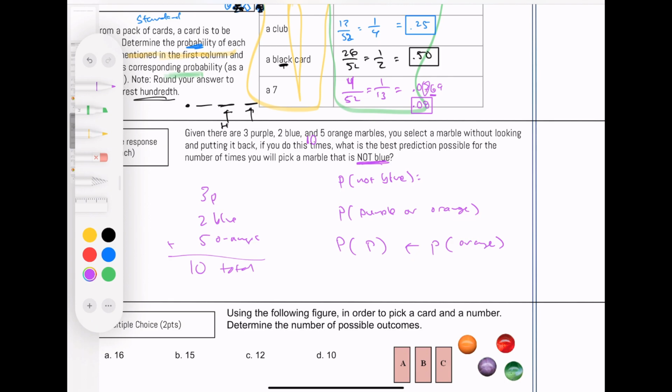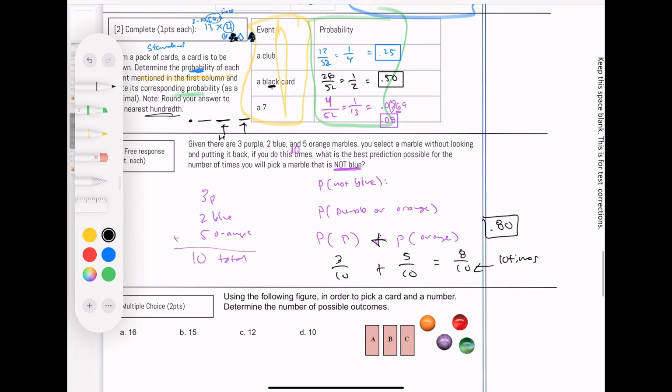Now, when it says 10 times, I'll come back to that, but the probability of purple is 3 over 10 plus orange, which is 5 over 10, is going to give me 8 over 10. So if I do this 10 times, I expect 0.80 is my answer.